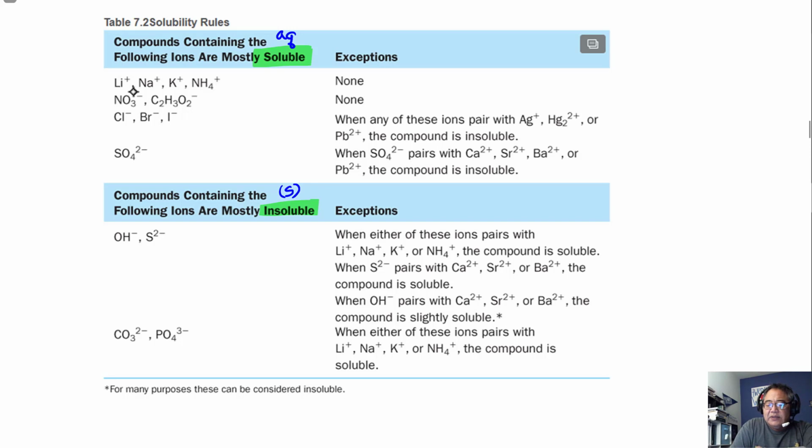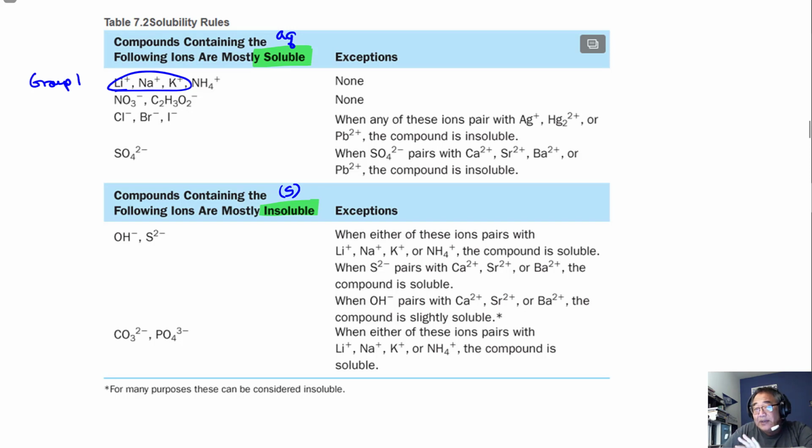So let's look at what it says here. It says lithium, sodium, potassium, or ammonium ion. If you have any one of those ions, you're soluble, and there are actually no exceptions to those rules. If you have nitrate or acetate, there are also no exceptions. So every compound that you see in this class containing group 1 ions, ammonium, nitrate, or acetate will always be soluble.